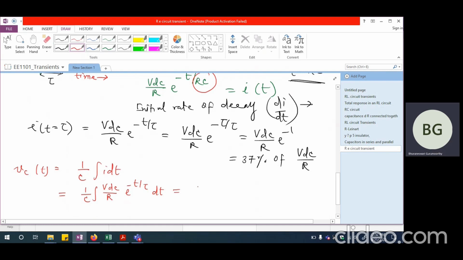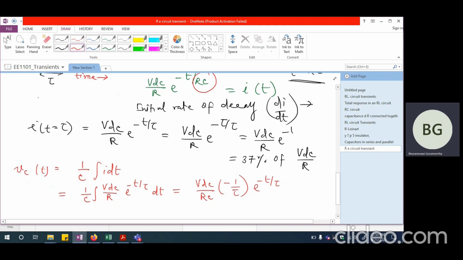So I should be able to write this as VDC by RC multiplied by minus 1 by tau, and I'm going to have e power minus t divided by tau. So this is going to be the voltage expression with respect to time.